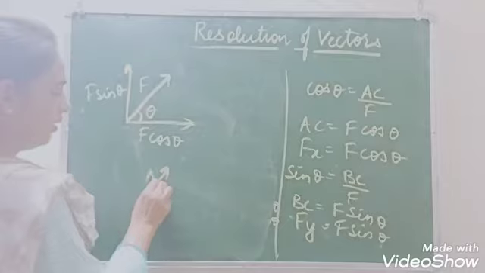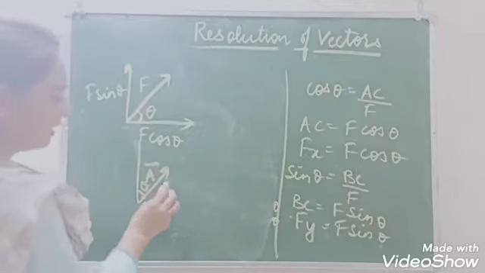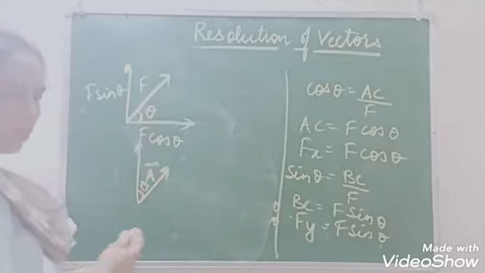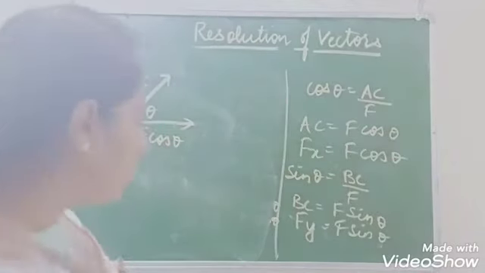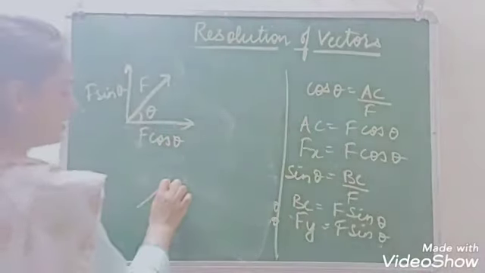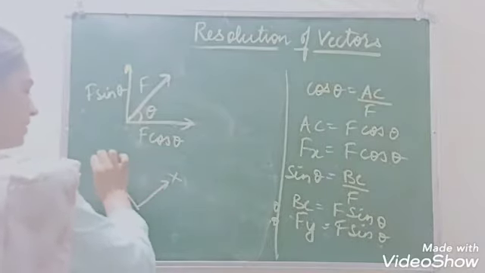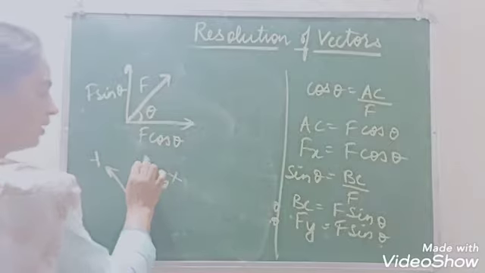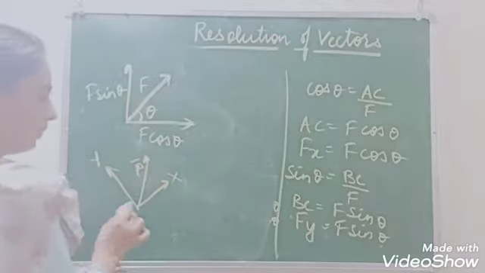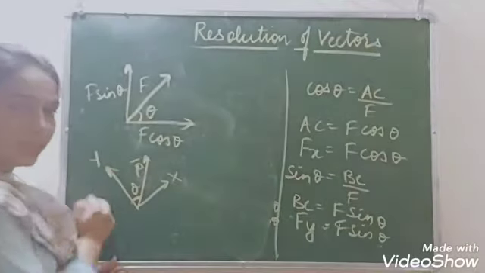If vector A, for example, is making an angle theta with this axis, or I can have an inclined plane also, it need not always be like this. I can have x and y axis like this also, and the vector is like this, for example vector P. Now vector P is making an angle theta with this axis.